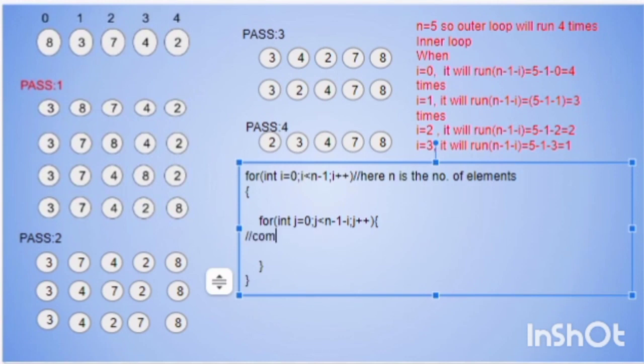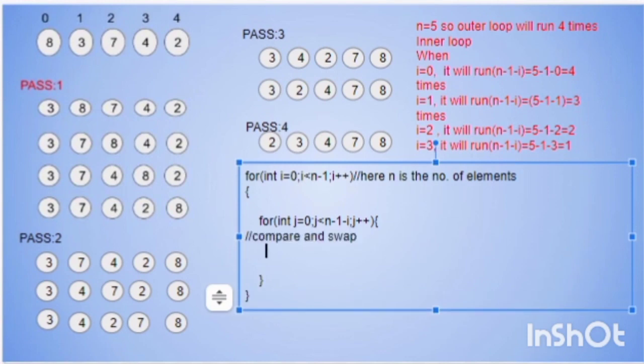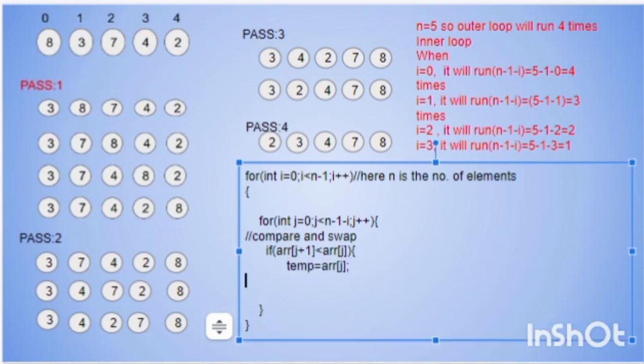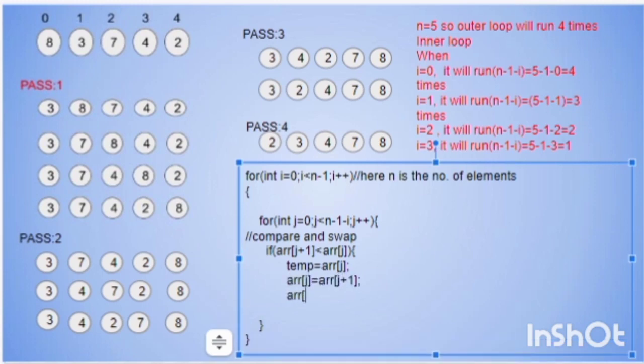For swapping, we write this code. If the element present at the j plus 1 position is not smaller than the element at the j position, we will not do anything, we will not swap these elements, we will move ahead. So this is the code.